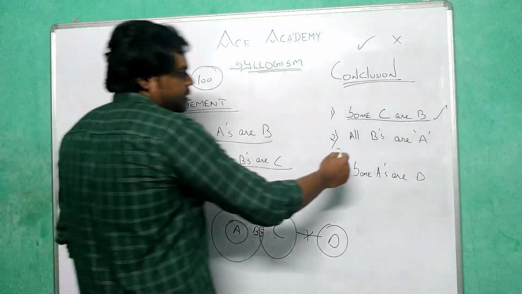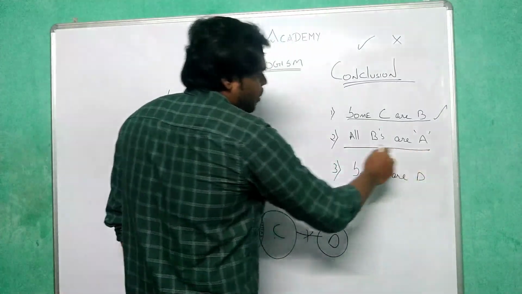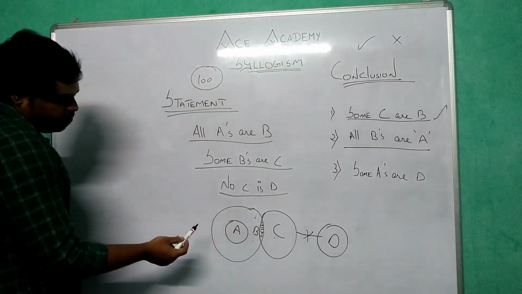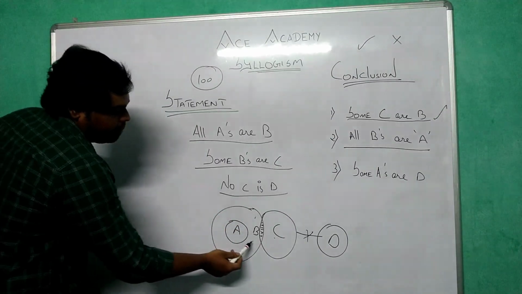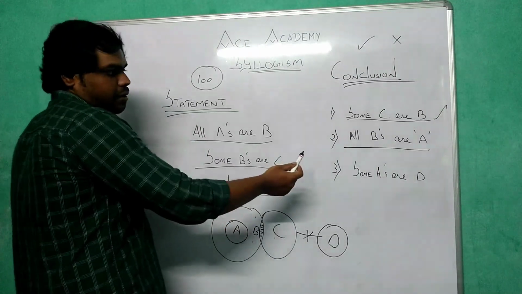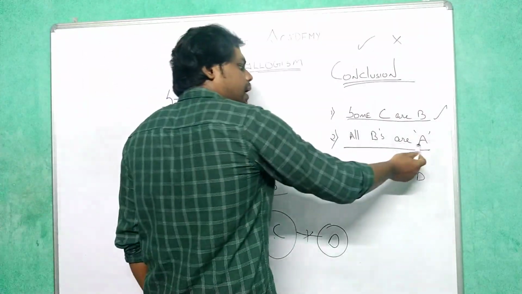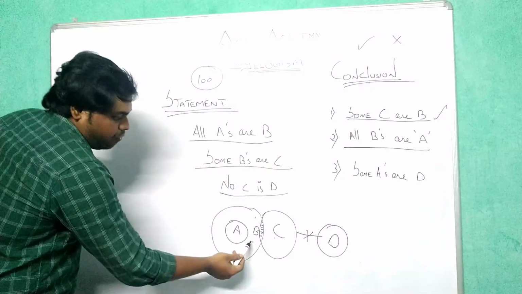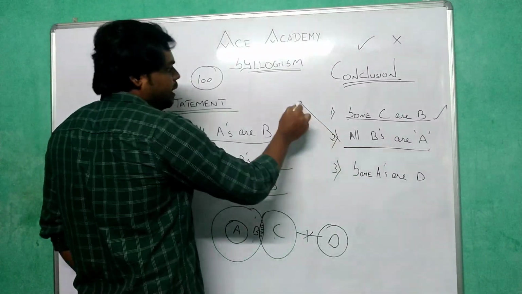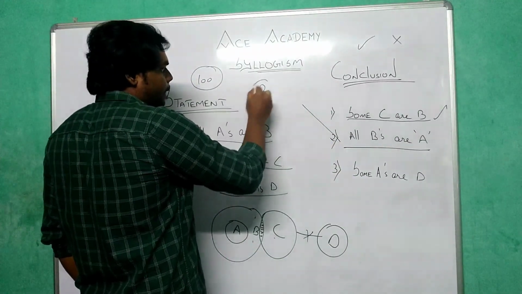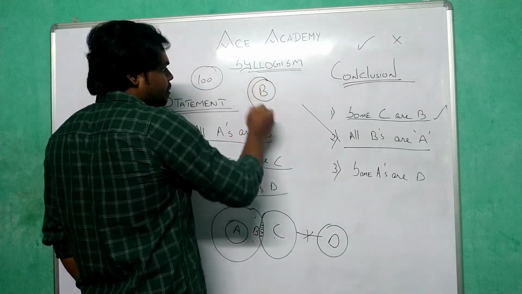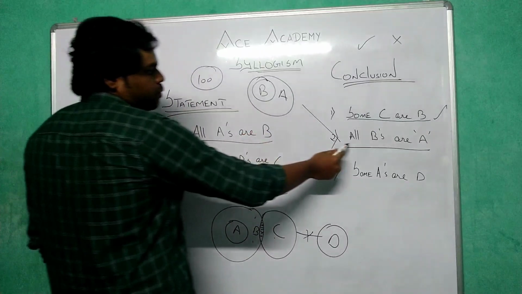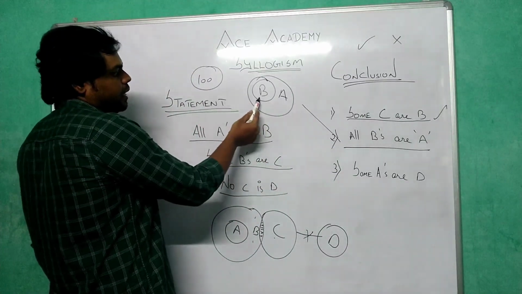So moving on to the next conclusion, all B's are A's. So now let's see, we can see that all A's are B's, but the conclusion says that all B's are A, which is completely wrong. So for this to be true, the diagram should be like this.